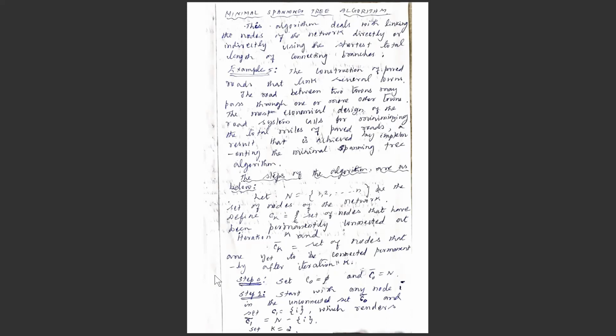Start with any node i in the unconnected set C0 bar and set C1 equal to i. So you pick the node i from C0 bar and put it in C1. So what happened to C1 bar? It is N minus i. Set k equal to 2.